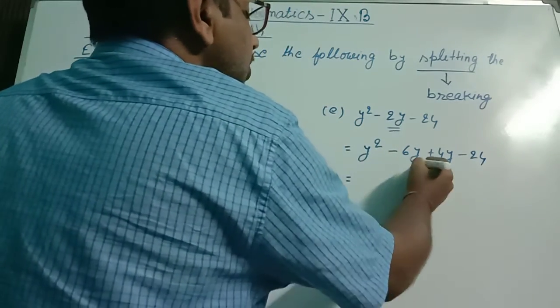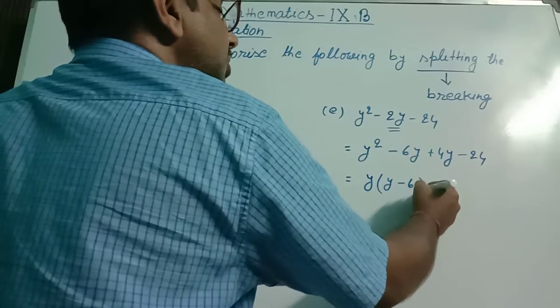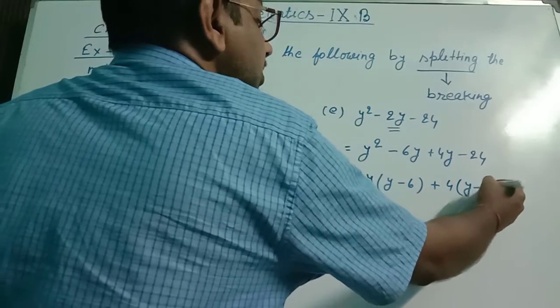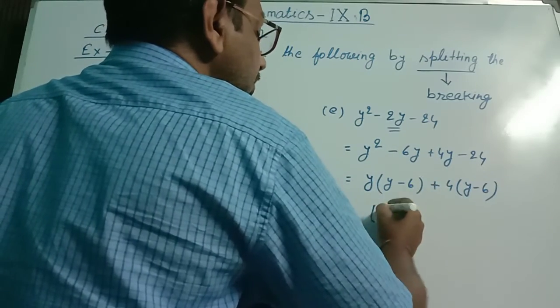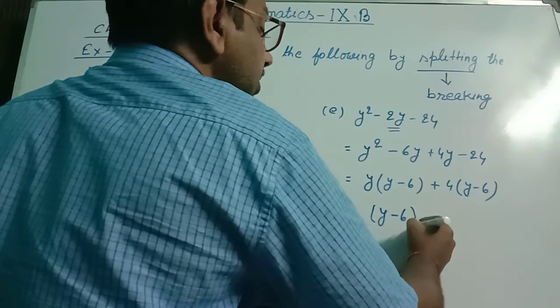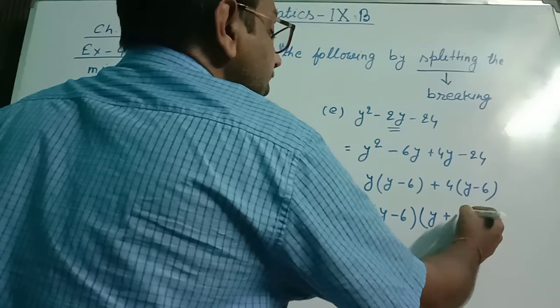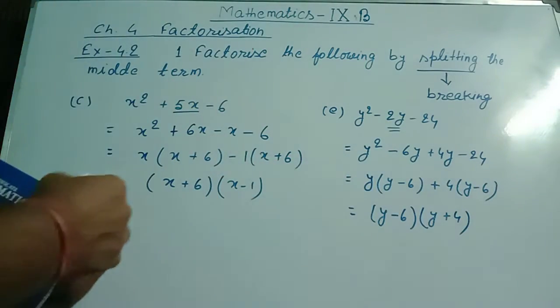Now from these two terms we will take y common, so y minus 6 is left, and from here 4 will come common, so y minus 6 is left. This term y minus 6 became common, so we wrote at first y minus 6, and what is left out of the bracket, those two we write inside the bracket: y plus 4. This became the answer.